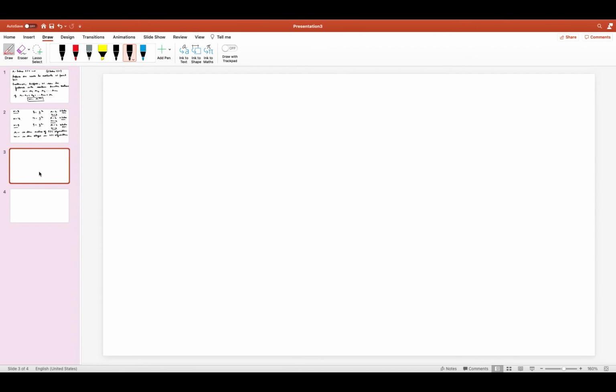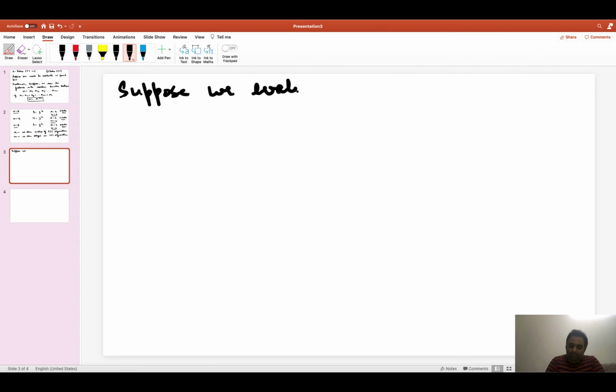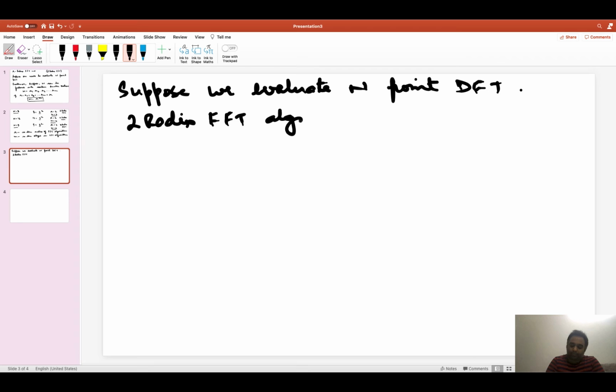So suppose we evaluate an N-point DFT and let it be a 2-radix FFT algorithm that we use for evaluation.